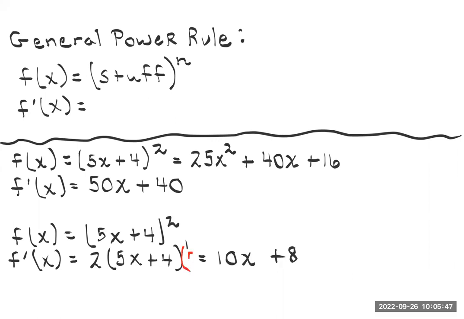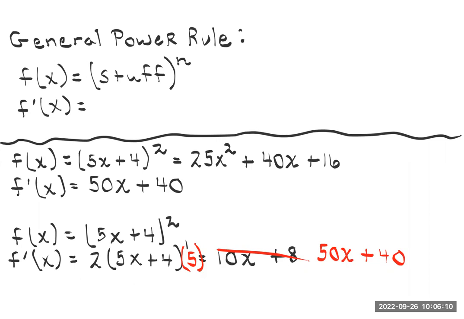So there's a missing 5 here to get us the 50x plus 40. And where is this 5 going to come from in terms of this original problem? It's the derivative of what's in parentheses. It's the derivative of the stuff.